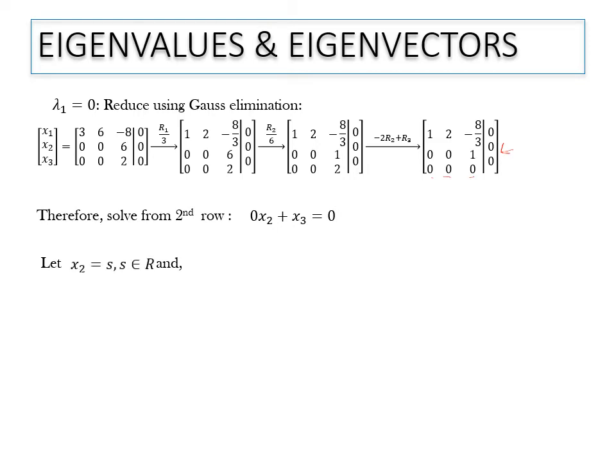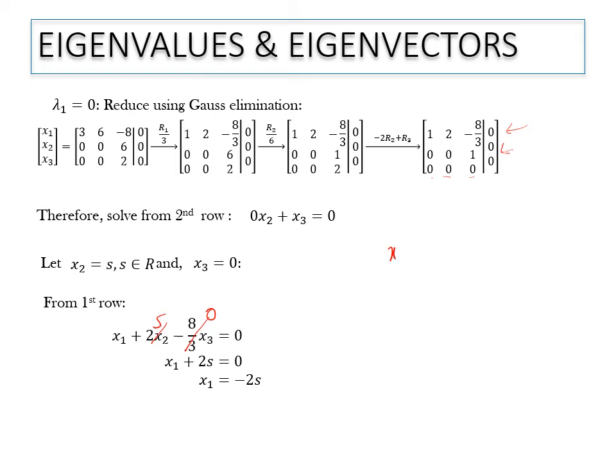So x3 equals 0, and x2 we let equal s. Then we look at the first row. When x3 equals 0, so x1 plus 2s equals 0, and x1 must equal negative 2s.